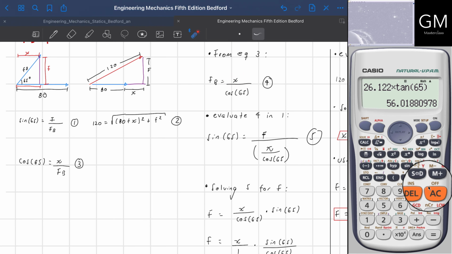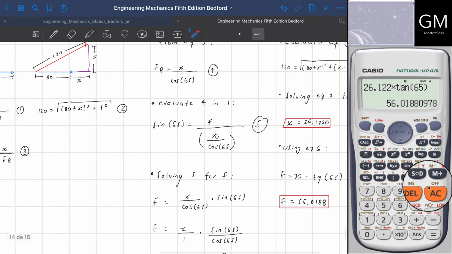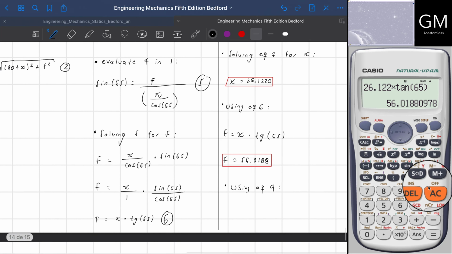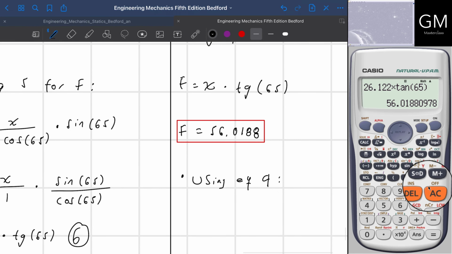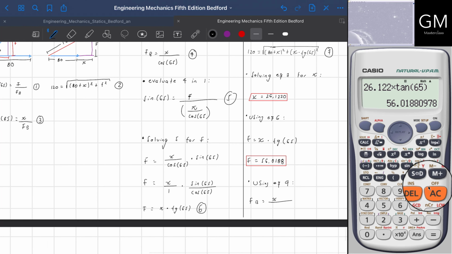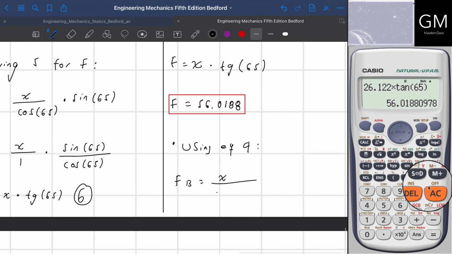So in this case I already have this equation solved for FB, so I'm going to use this, equation 4. FB is equal to x divided by the cosine of 65.